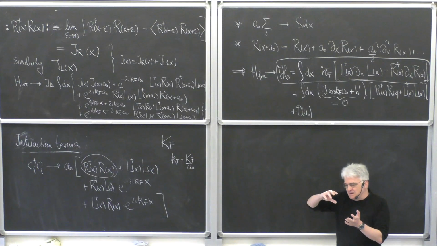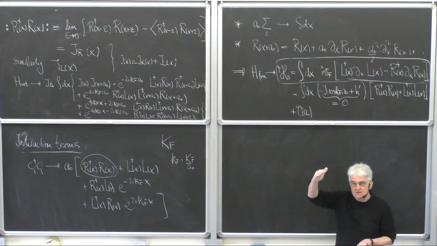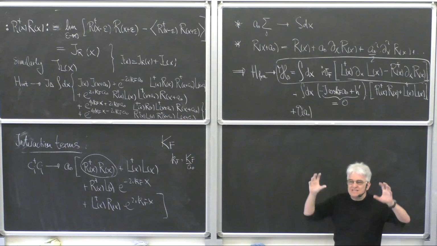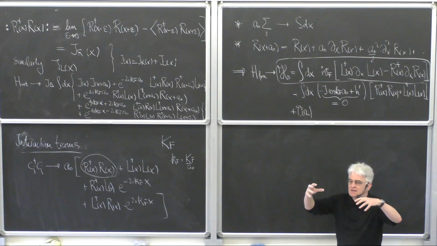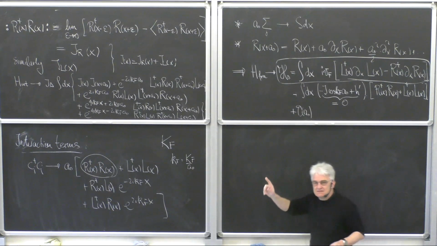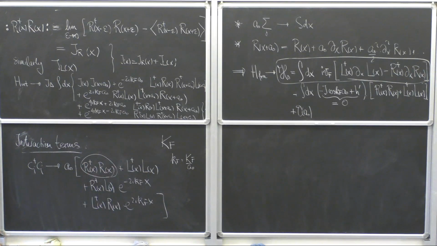But because I want to relate the field theory to the lattice model, I always have to retain the information that my field theory came from the lattice model by keeping track of oscillating terms and so forth.